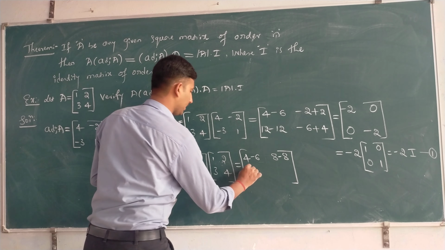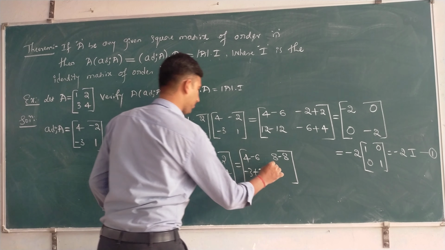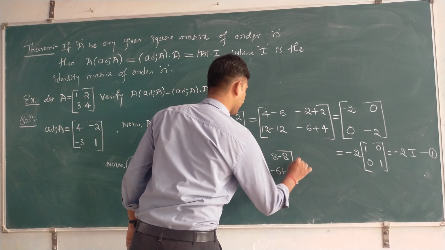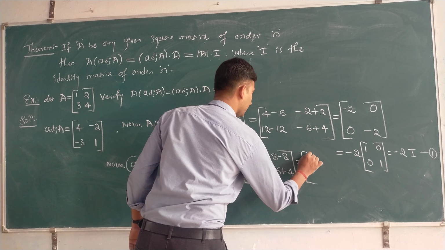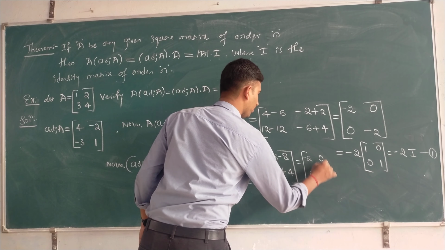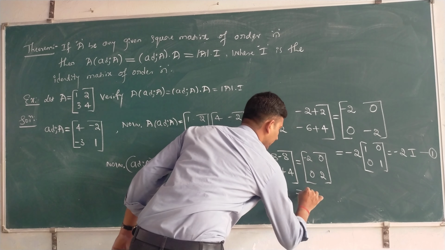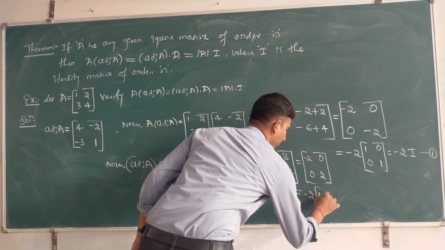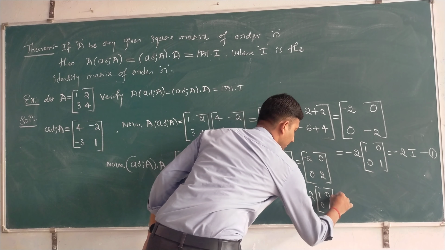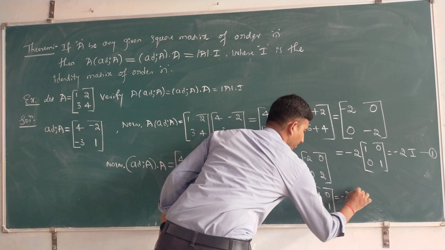After, 3 into 1, minus 3 plus 3. 3 into 2, minus 6 plus 4, which is nothing but minus 2, 0, 0, minus 2, which is nothing but minus 2, you take it as common, 1, 0, 0, 1, which is nothing but minus 2 into I. Call that equation number 2.